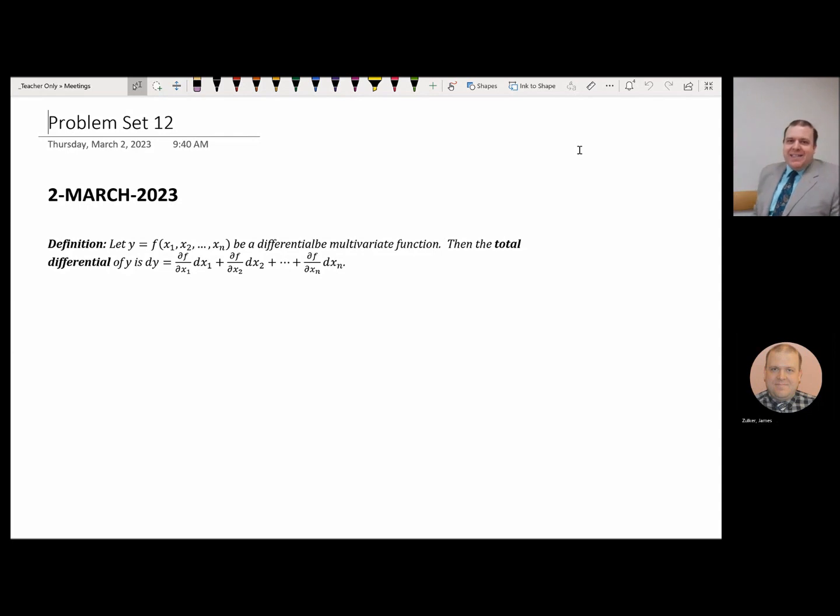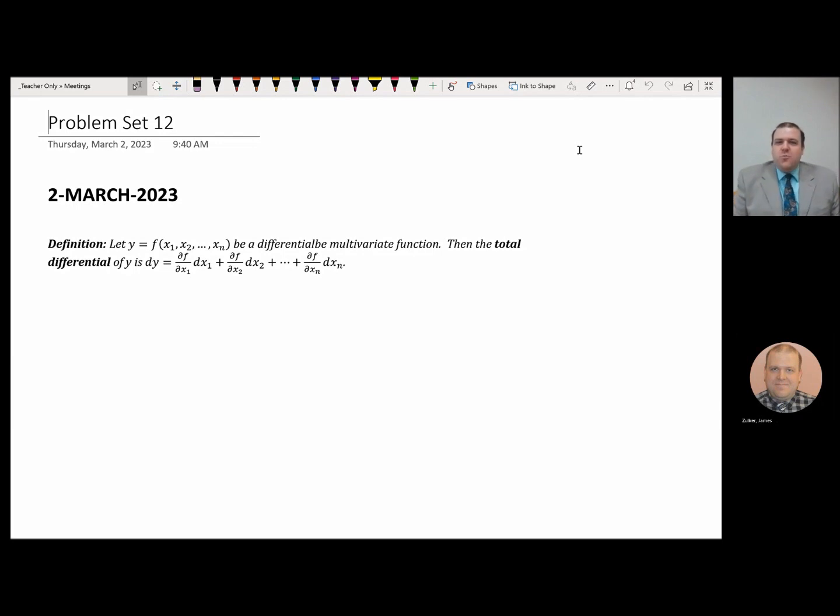Remember you had the differential for y in Calc 1, right? If you had y equals f of x, the differential for y, dy, was f prime of x dx. It's very similar. You have a multivariate function, let's say y equals some function of n variables, x1 through xn.